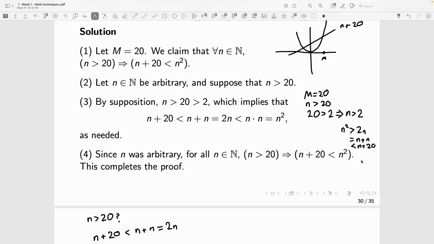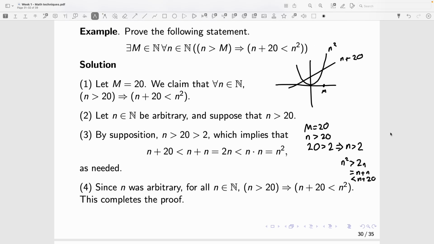Yeah? Quick question. What was the process of letting m equals 20? Was it rounding? That was, you could kind of chalk it up to a lucky guess. The goal here was to make it so this side of the inequality, which has two terms, we want to change that to only have one term so that it's more easily comparable to the other side.